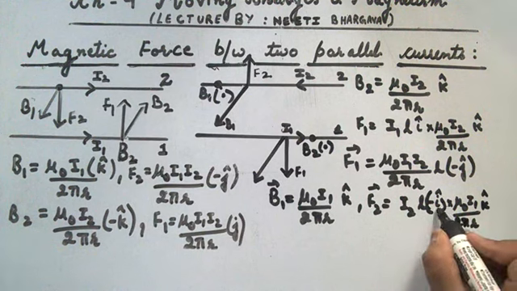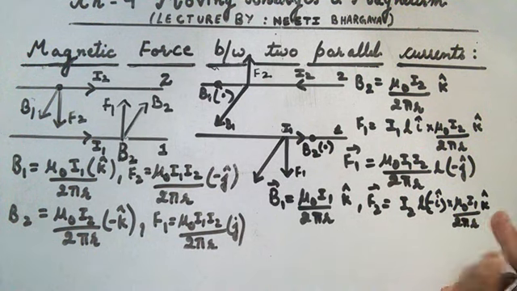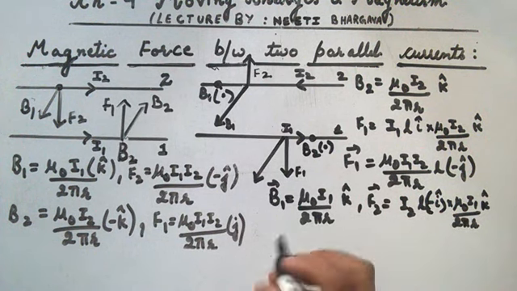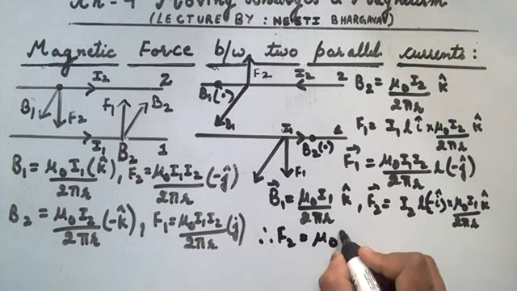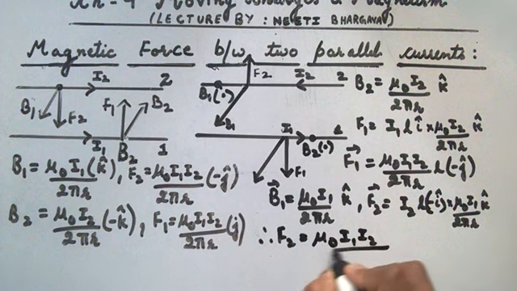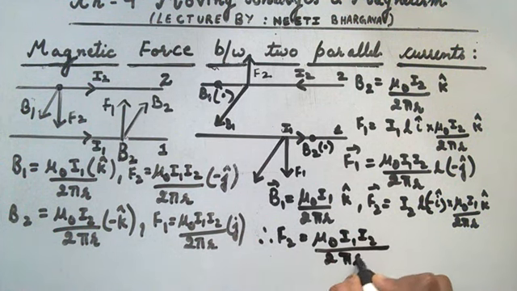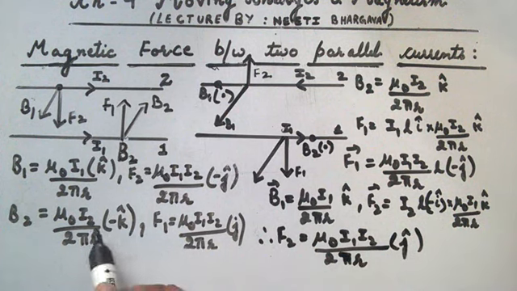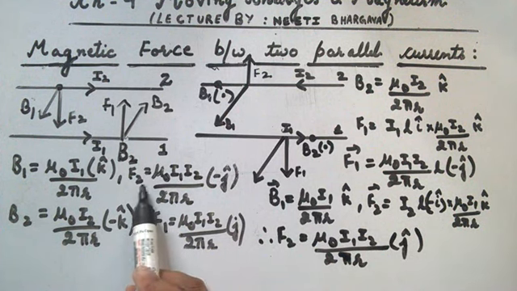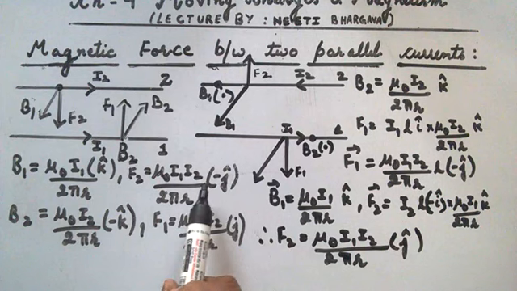Now i cross k is minus j, and minus into minus is plus, therefore F2 equal to mu naught I1 I2 upon 2 pi r j cap. Now compare it with the previous case. Here also it is opposite.